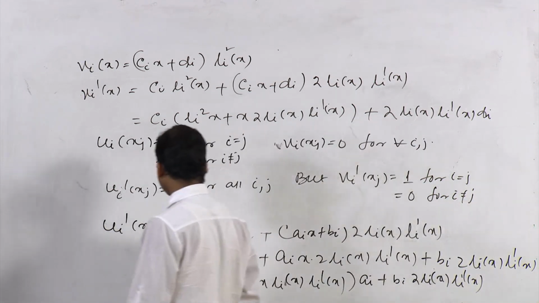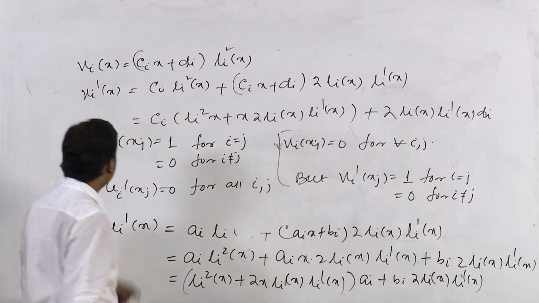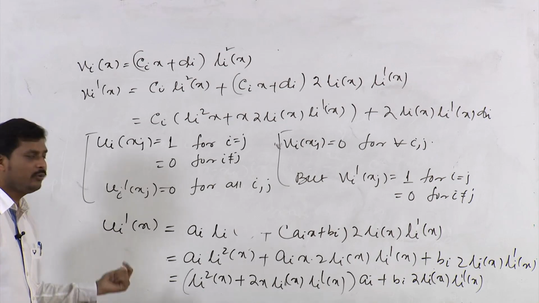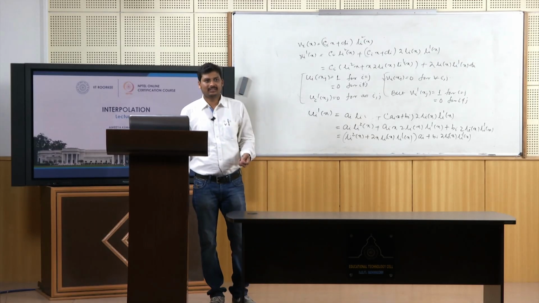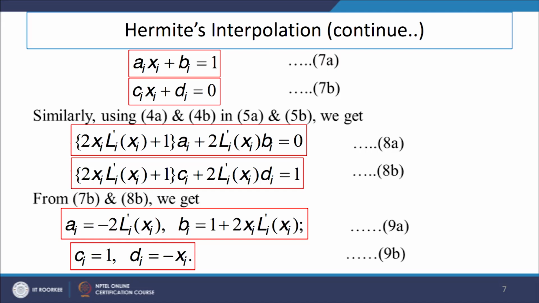If you use both these conditions in these two equations here, that is ui dash and vi dash, then easily we can eliminate ai x and vi x here. So, now if you apply these conditions, then we can find here.